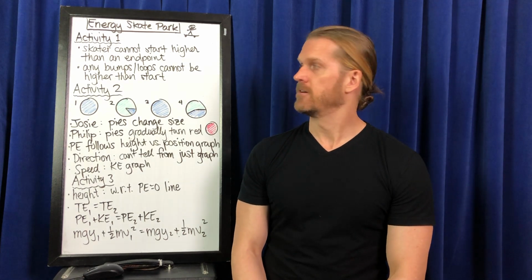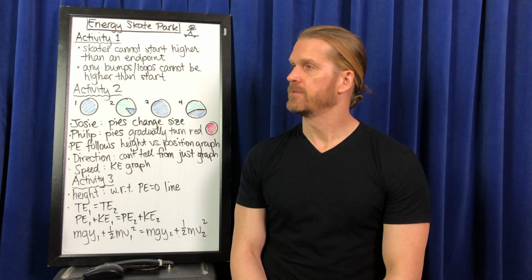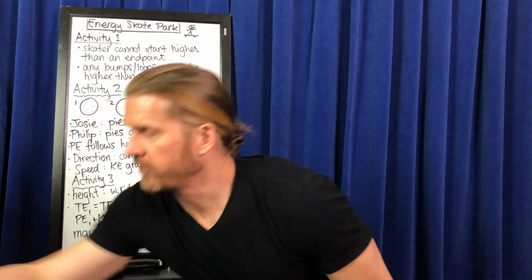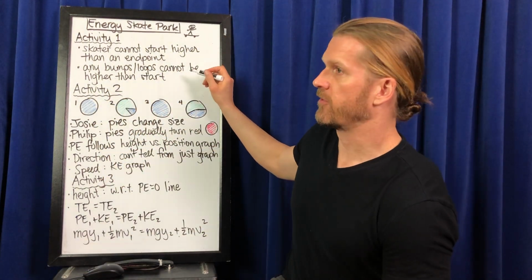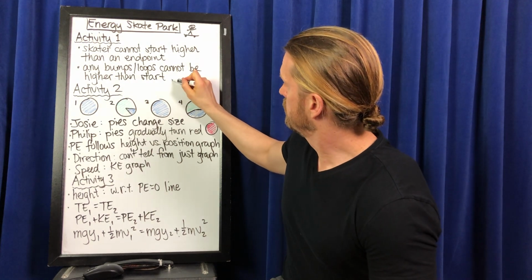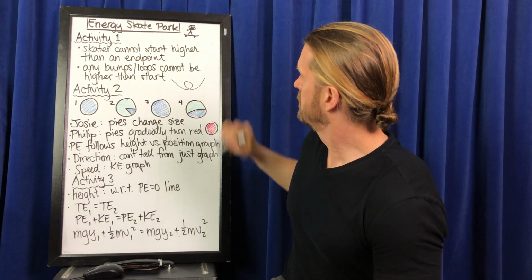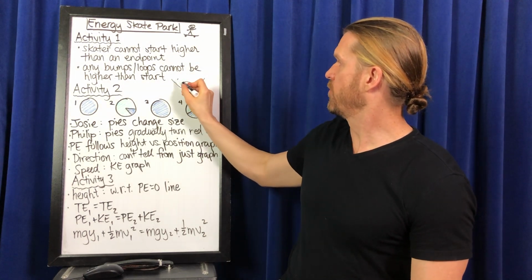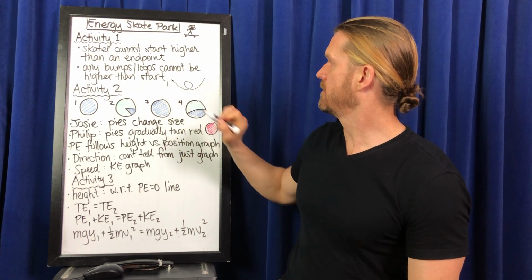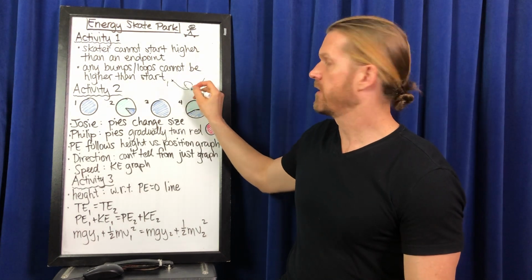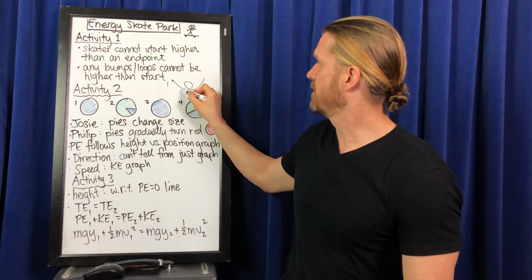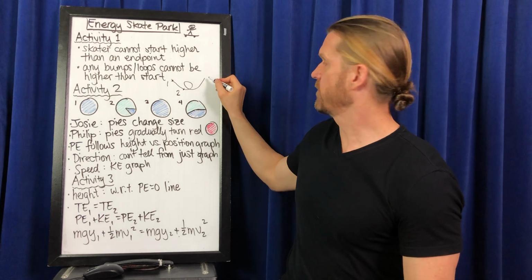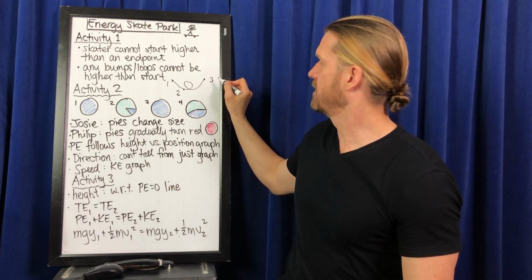So in that loop, the track looks something like this. And at point 1, that's there. Point 2 is here. Point 3 is over here.